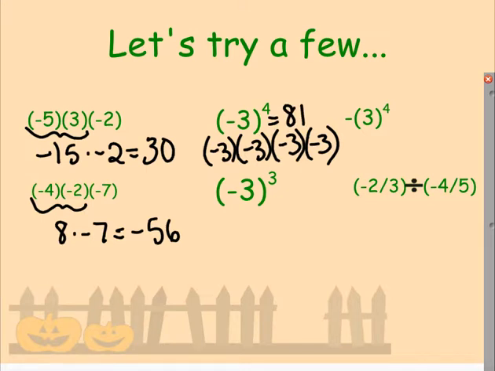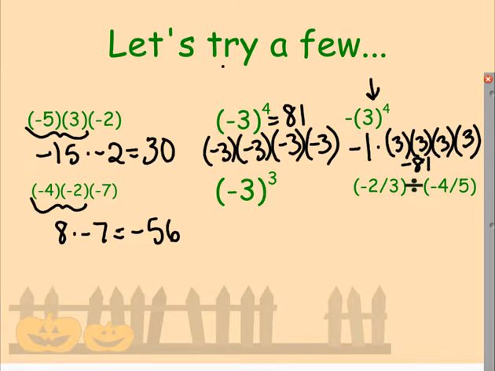But the difference here, when we look at this next one, right here, -3 to the 4th, this means that I'm going to take that negative, and technically it's -1 times a 3 times 3 times 3 times 3. Which means that we get 81 with those 3's, and then we have to make it negative because of that multiplying by -1. Remember, we must do exponents before we multiply. Okay, so here's the difference.